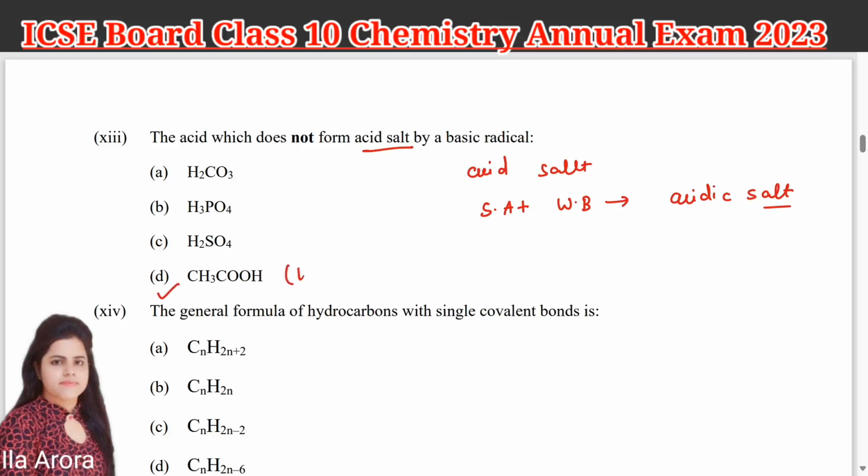It is a weak acid. So if you combine a weak acid with any kind of base, strong or weak, it cannot give you the acidic salt. The acid should be strong, then only you will get acidic salt. So the answer will be acetic acid, that is a weak acid that cannot form your acidic salt.